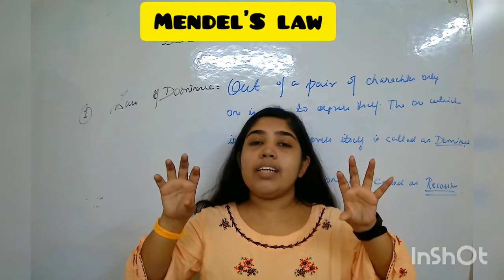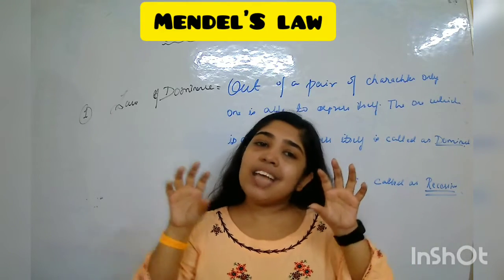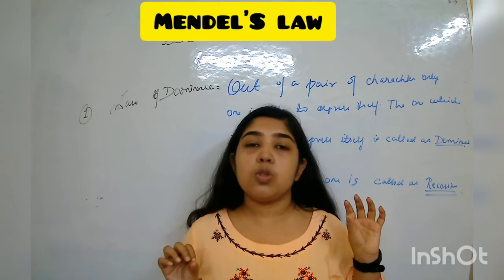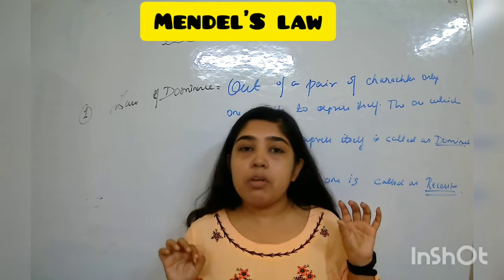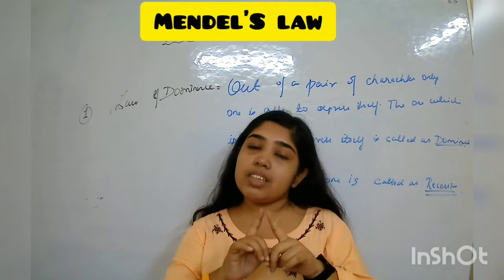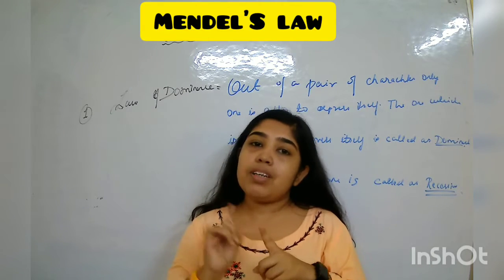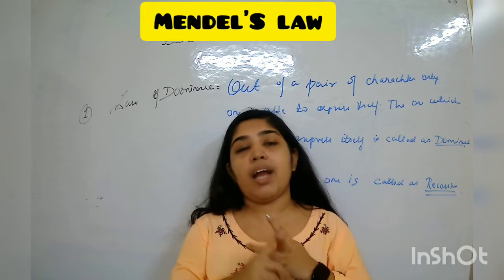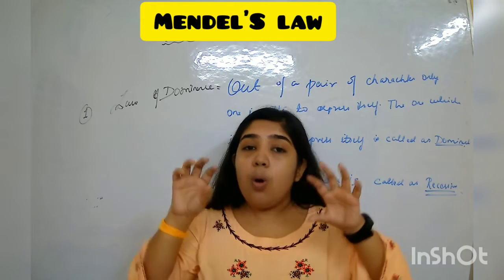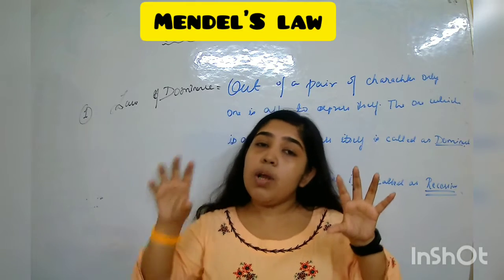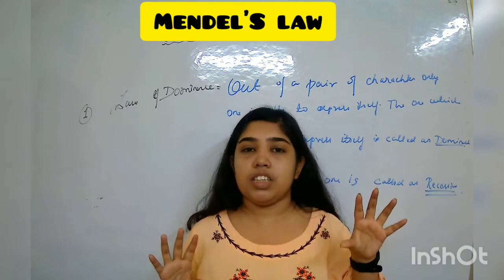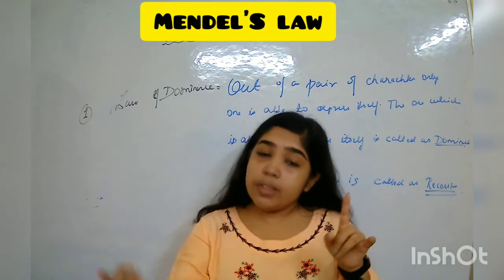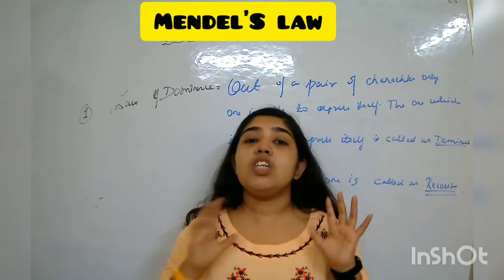In these two characters, only one is able to go to the next generation. Only the tall character is able to go. Is it possible that a plant is both tall and dwarf? No. A plant can be either tall or dwarf. So out of a pair of characters, only one will be going to the next generation.